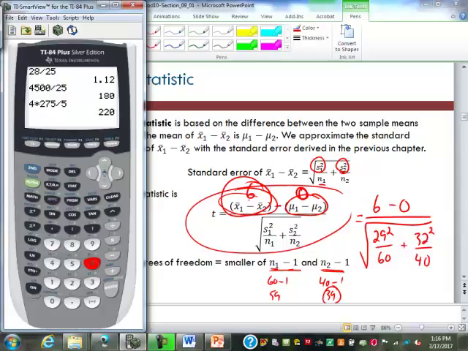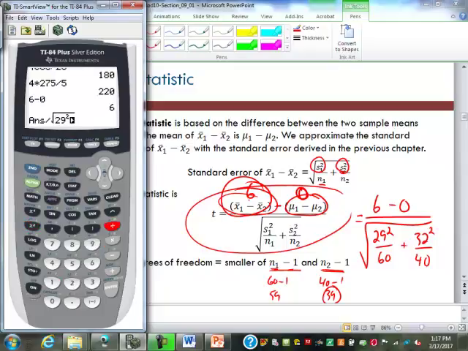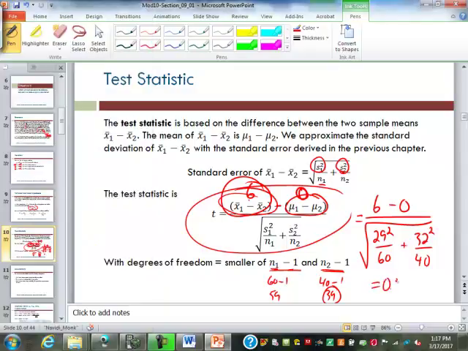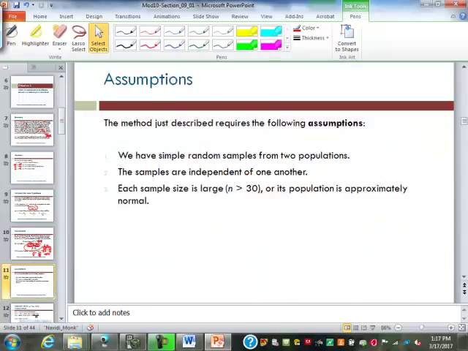So we've got the 6 minus 0 is just 6. So make sure you hit equals first. I'm going to divide by the square root of, I don't have to do any parentheses inside here, 29 squared divided by 60 plus 32 squared divided by 40. And I get 0.9533. Appears to be our test statistic.